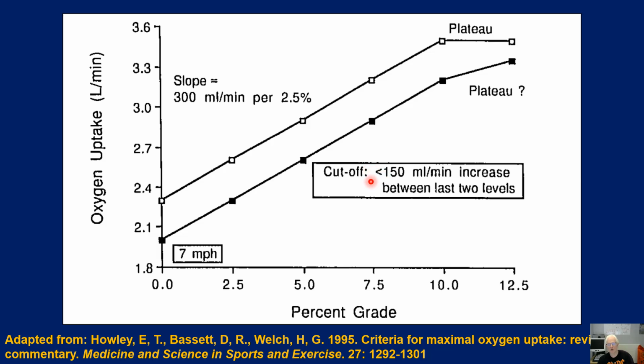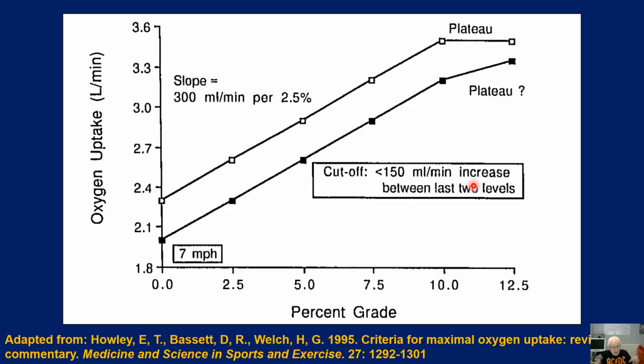And so the net result is, where this has been adopted, and there is another version out there, which is 2.1 mL per kilogram per minute, which when one looks at it, where did it come from? Well, it was based upon the Taylor data, where they just normalized the data for their participants to body mass. It was 2.1 mL per kilogram per minute. So groups have adopted that as a criteria.